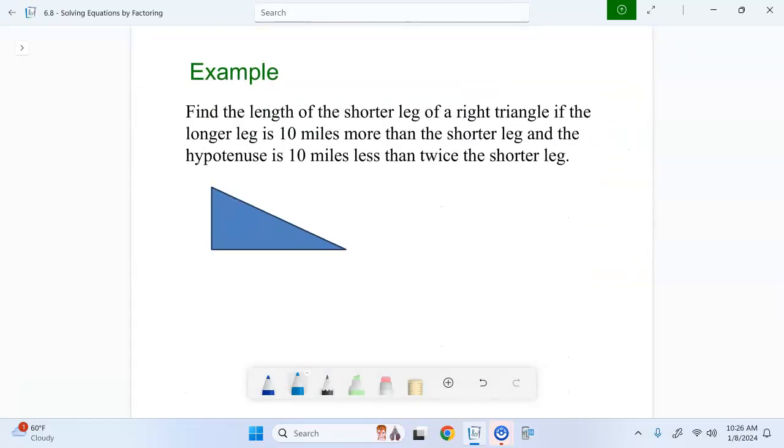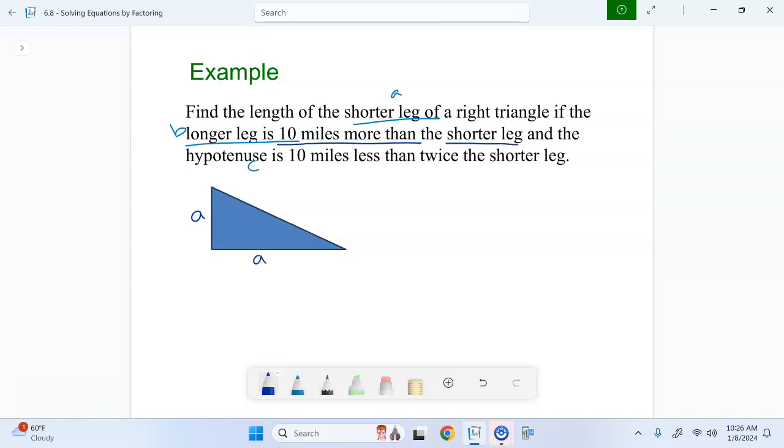So we want to find the length of the shorter leg of a right triangle if the longer leg is 10 miles more than the shorter leg and the hypotenuse is 10 miles less than twice the shorter leg. So we have our shorter leg, which we don't know, and we know that the longer leg is 10 miles more than the shorter.